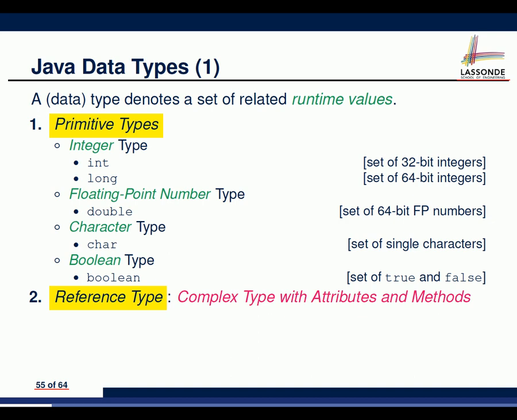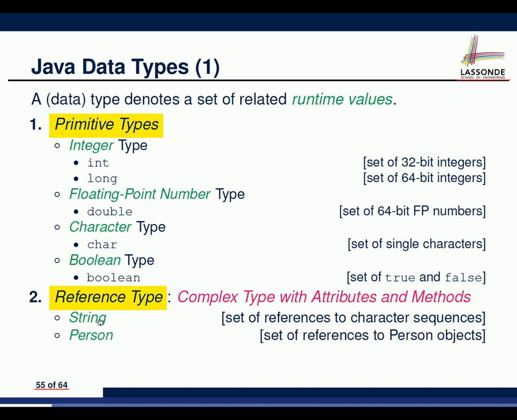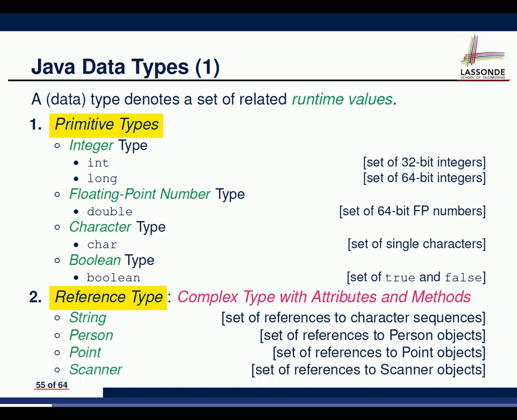I'll just give you some examples. In the Java convention, the primitive types are all lowercase, but a class name has to be capitalized. That's why a common confusion is you might think String is a primitive type. No, it's not. It's a reference type. And also you got Person, Point, or Scanner. Just some examples. Everything that you can use to name a class can be a type.